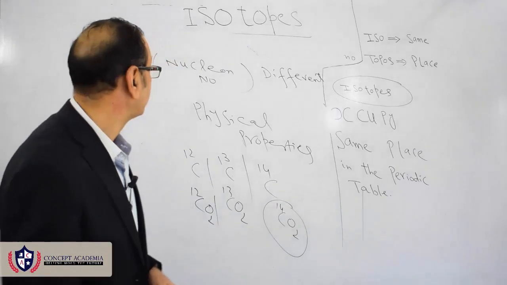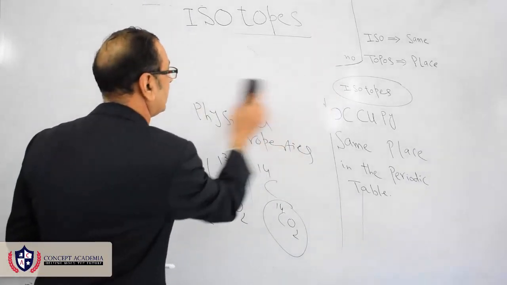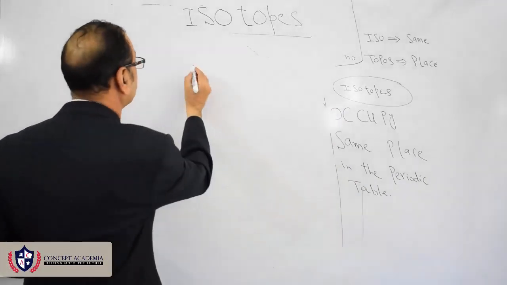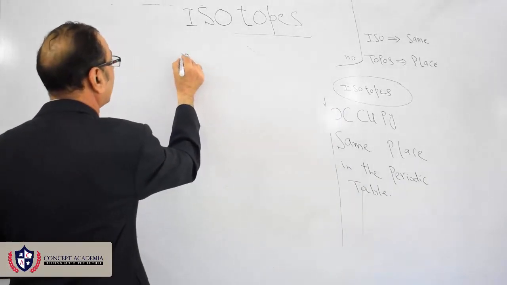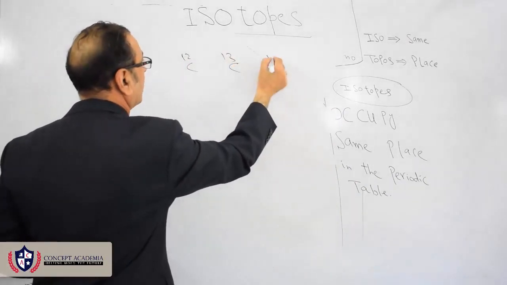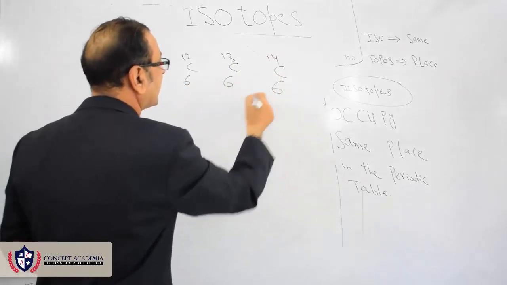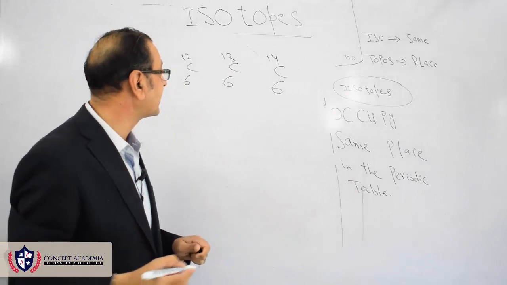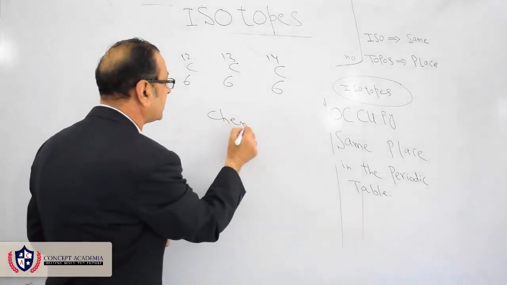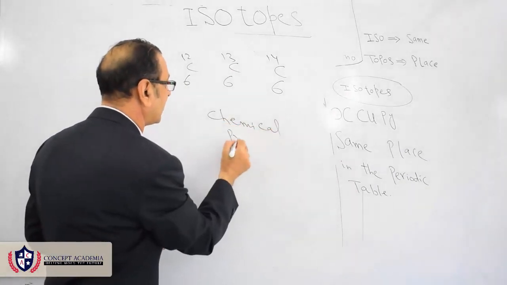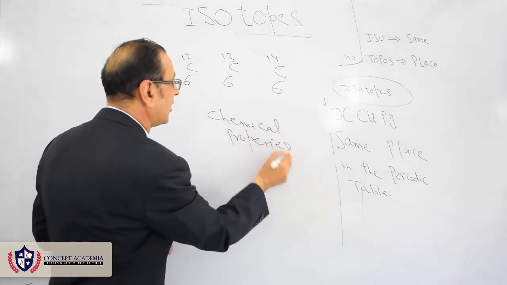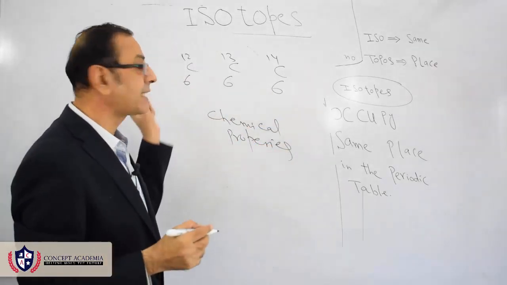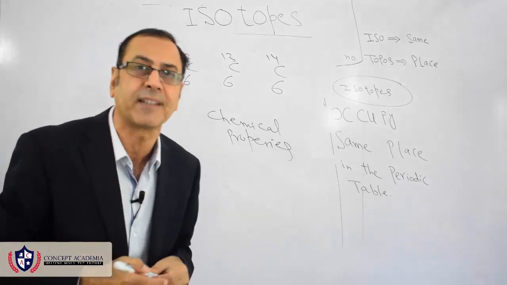And as we know very well, whether it is carbon 12 or carbon 13 or carbon 14, this remains 6. I mean the proton number remains the same. The chemical properties depend upon proton number. When the proton number remains the same, chemical properties remain the same.